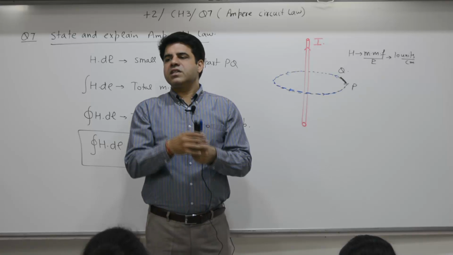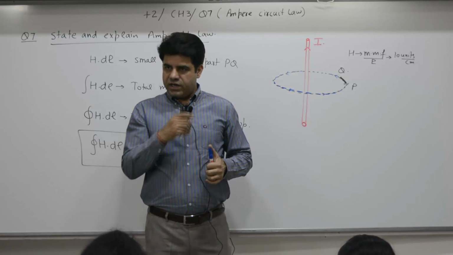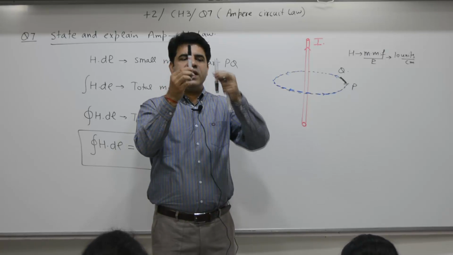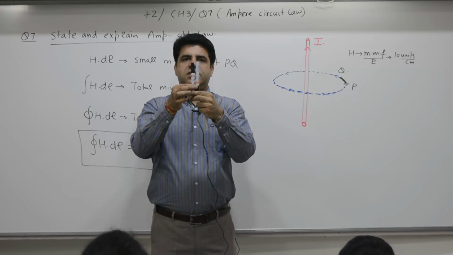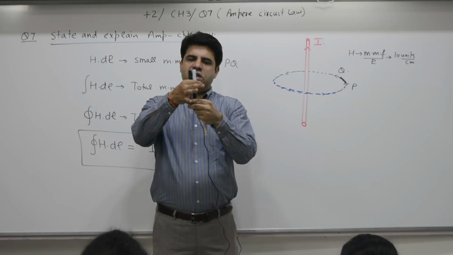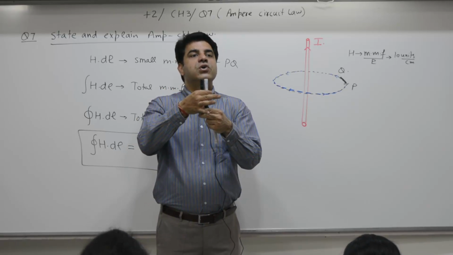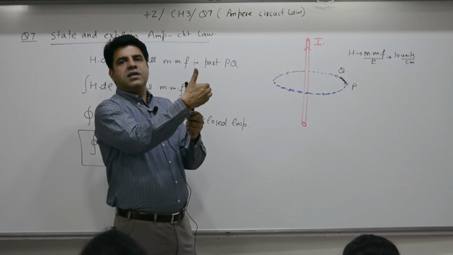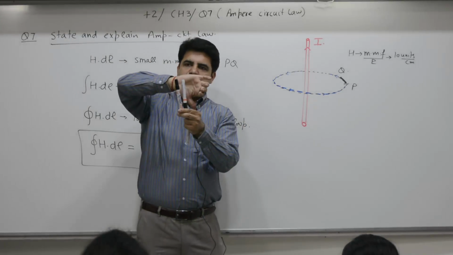If n wires are there, n times I. If wire 1 carries 10 ampere upward, and another wire carries 10 downwards, then total MMF contained is 0, because one will give you flux in this direction, the other will give you flux in the opposite direction.